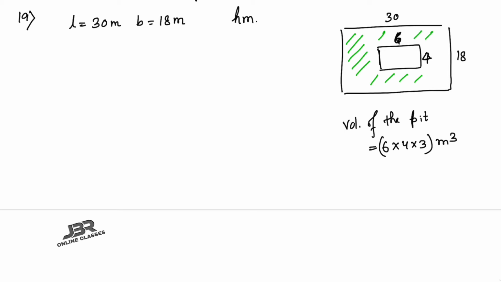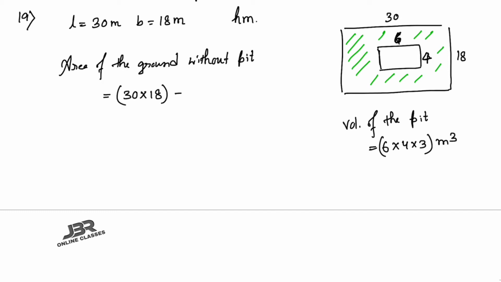So first you have to find out the area of the ground without the pit. So here, area of the ground without pit, that one equal to here 30 into 18, then minus 6 into 4 meter square.